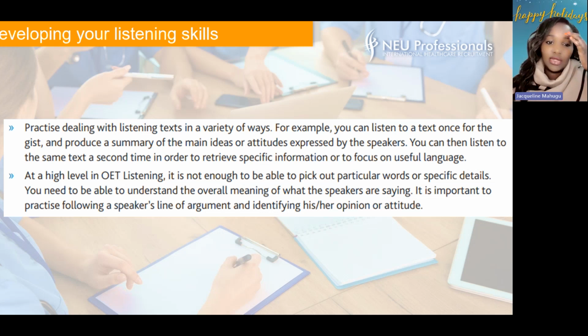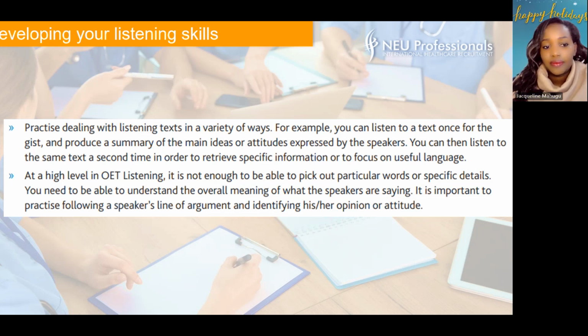Then you can listen to the same text a second time in order to retrieve specific information or to focus on useful language. You can practice with the podcasts on BBC and such. Practice listening for gist, then try to produce a summary of the main ideas. It will help you develop your skills.